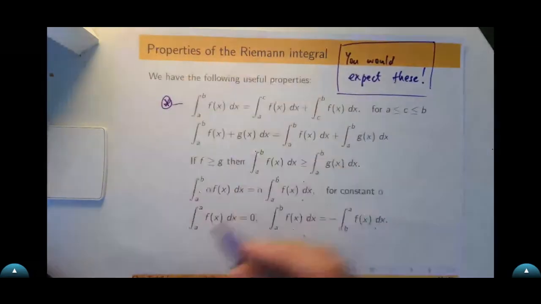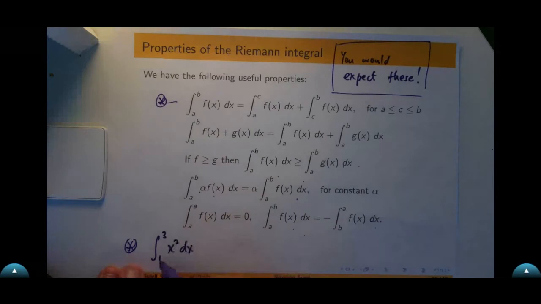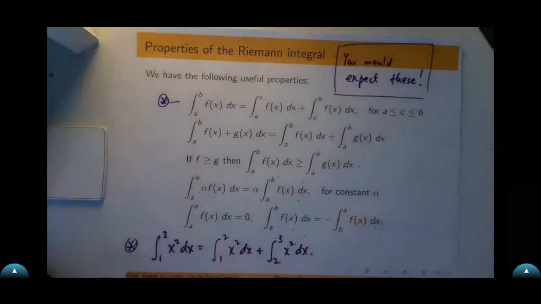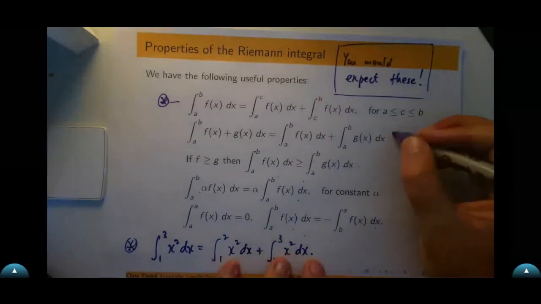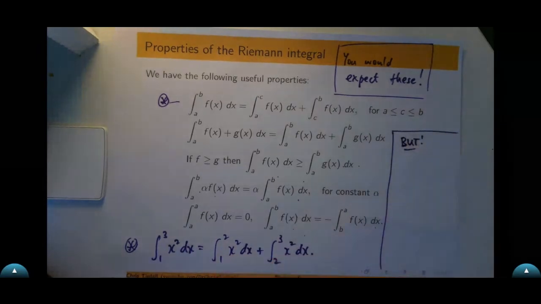So, for example, in star, if you're integrating x squared from 1 to 3, it's the same as integrating x squared from 1 to 2 and then adding the integral from 2 to 3. If you're integrating between the same point, you get 0 area. If you swap the order of integration, you change the sign. But be careful.